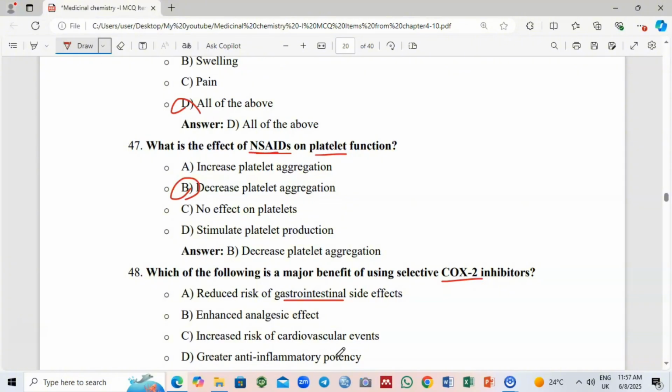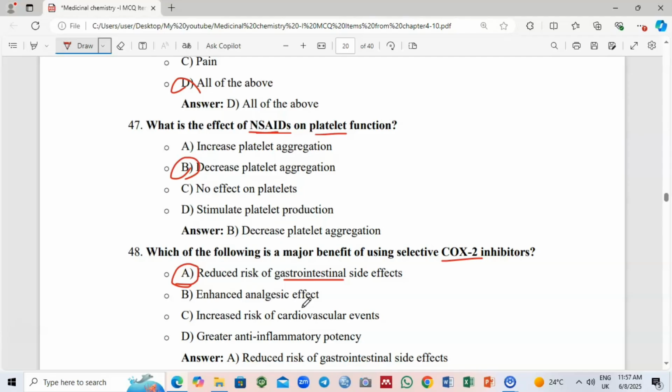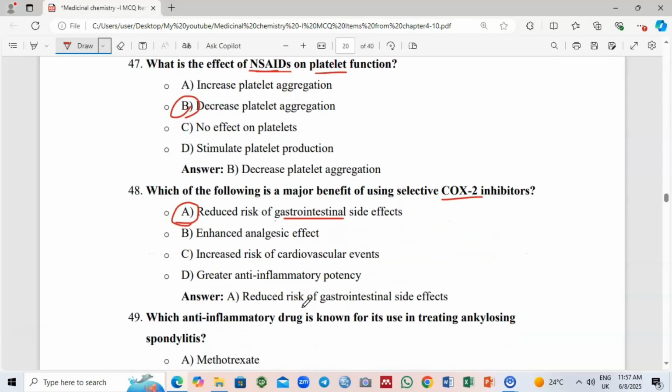You know that cyclooxygenase 1 inhibitors have non-selective behavior and are associated with gastrointestinal bleeding as a side effect, and the selective COX-2 inhibitor is safest for the gastrointestinal tract, or gut. Therefore, their advantage is reducing the risk of gastrointestinal side effects. So the answer is A.